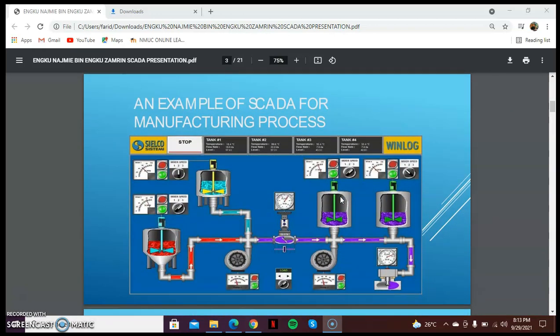And second, this is an example for the manufacturing process for SCADA. As we know, there are four levels for the manufacturing process. Level 0 contains the field devices such as flow and temperature sensors and control elements such as control valves.